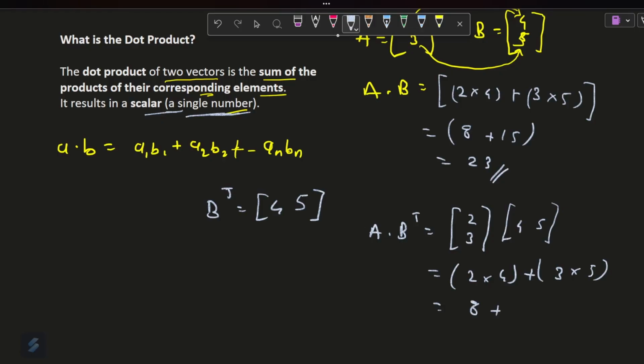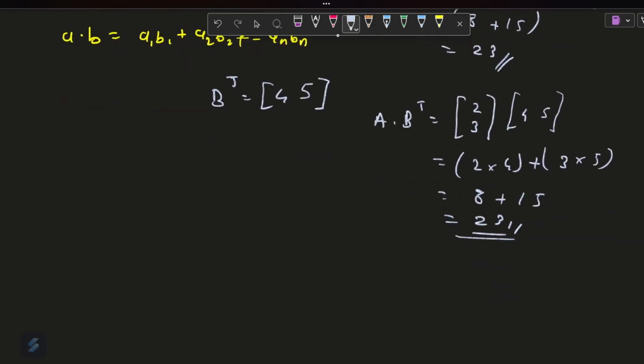Similarly, 8 plus 15 is 23. We get the same scalar value. But why do we learn this, and what is the use in data science? The use cases in data science: it is most useful in a recommender system, using cosine similarity.